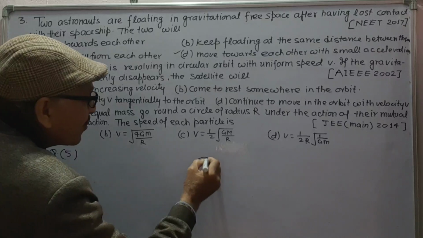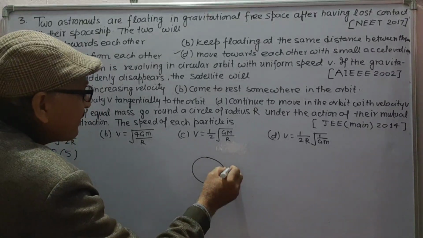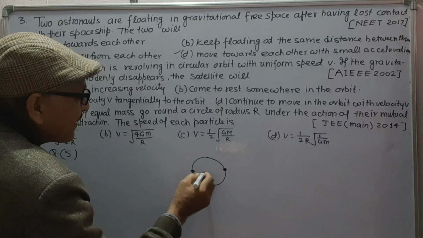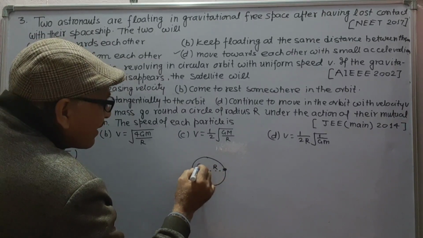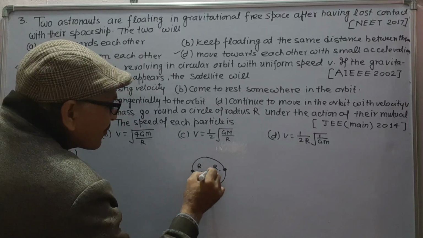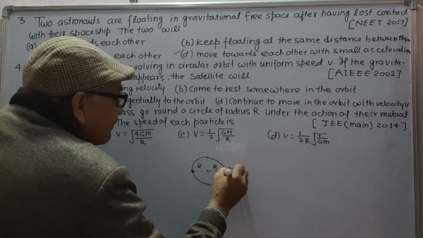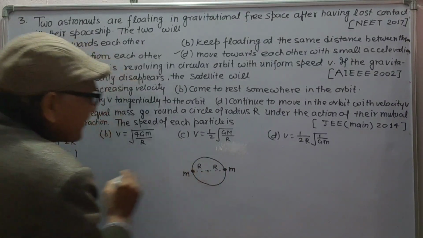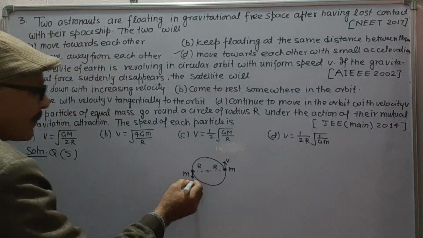Here, suppose this is one particle and this is another particle. Radius of circle is r. So, diameter will be 2r. The mass of each particle is m. Both are moving with velocity v.